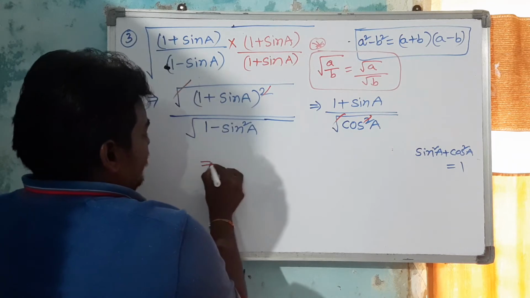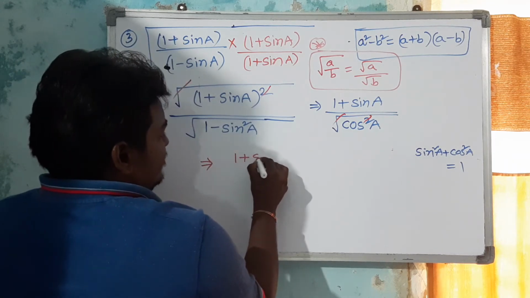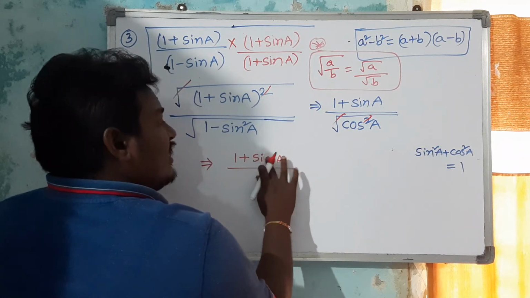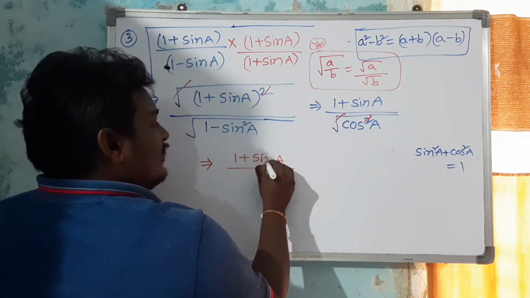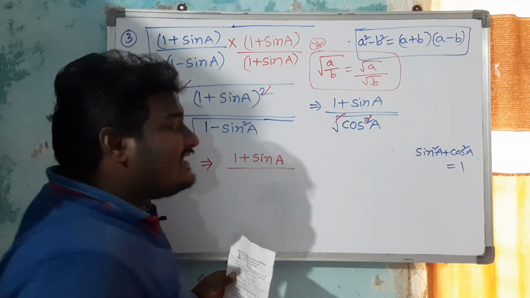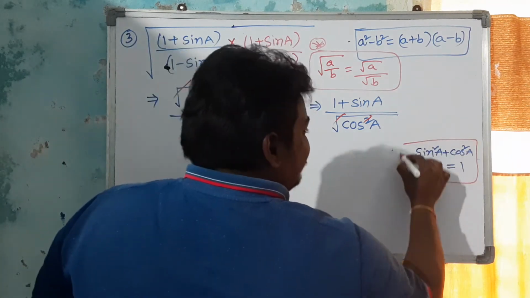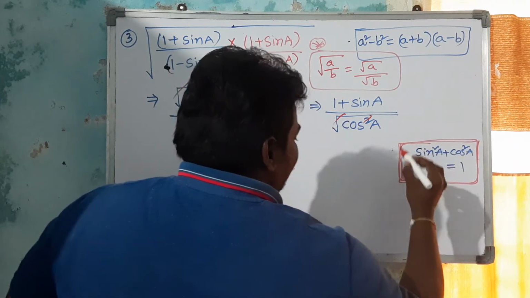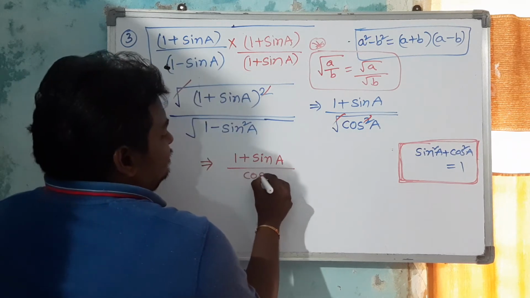So directly the answer is 1 plus sin A by cos A. You have to have a clear idea about identities. Identities are very important. Please practice identities.